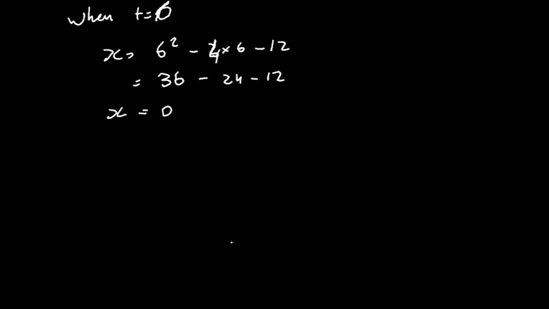The motion of the particle for the first 6 seconds: so we've got our origin. We started at minus 12, that's from part A, when t equals 0.